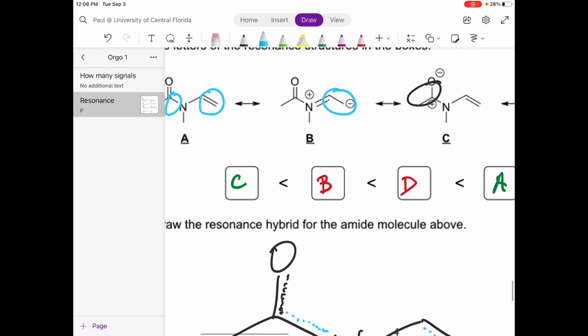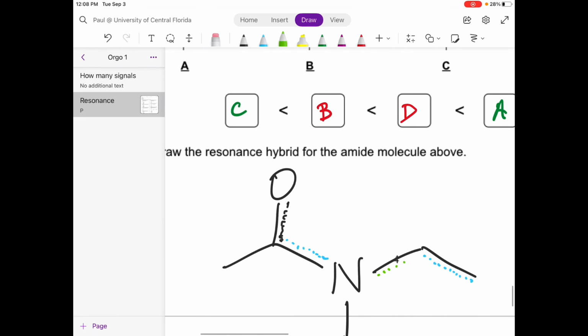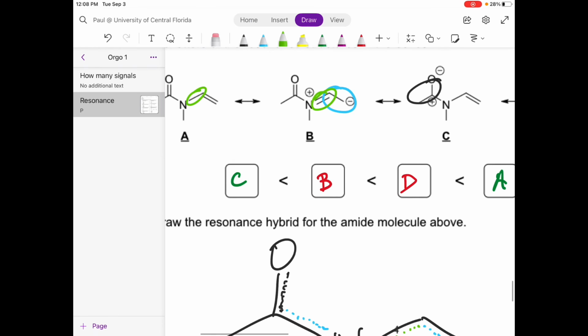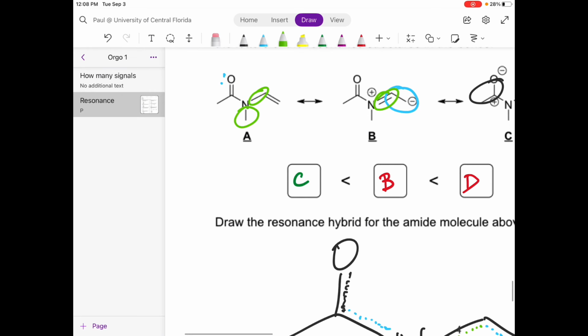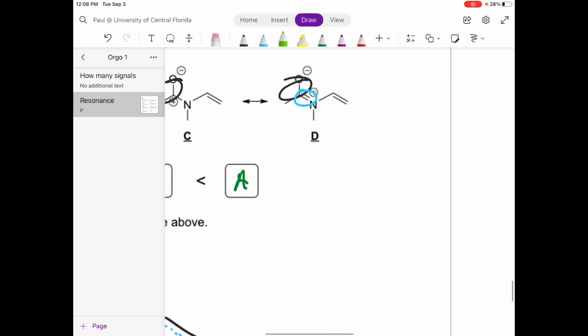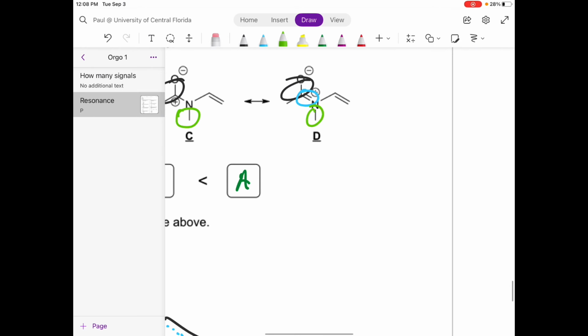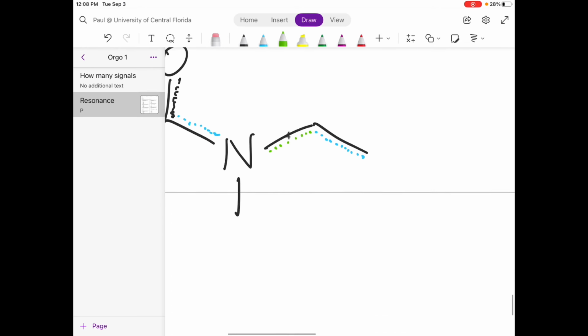What about this bond right here? Single, double. So we'll just represent that with a double bond character. Now when I take a look at that carbon-nitrogen bond, single, single, and single and single. So that just stays straight up single.